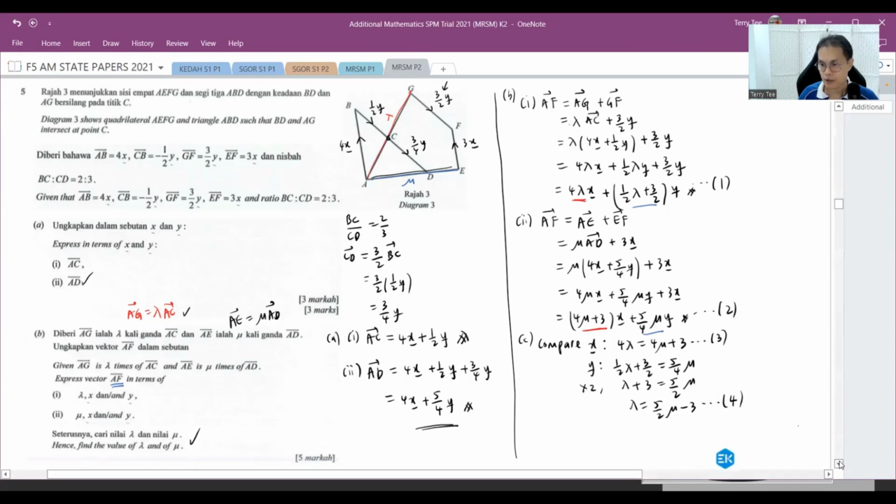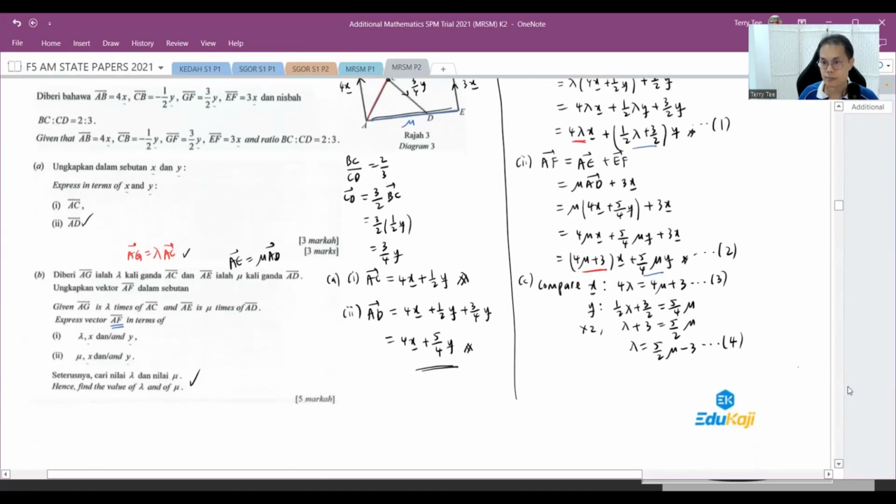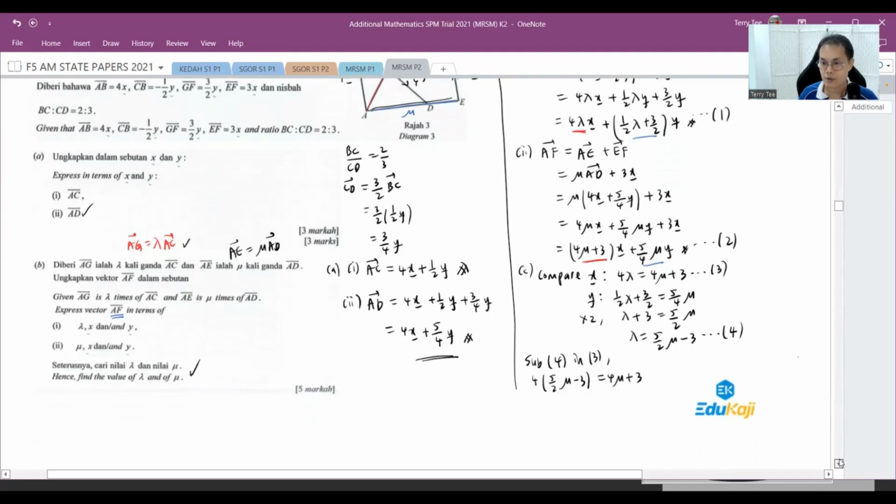All right, I'm kind of out of space. So I need to substitute equation number 4 into equation number 3. What I have here is 4 times 5/2 mu minus 3 equals 4 mu plus 3. So I got everything in terms of mu.